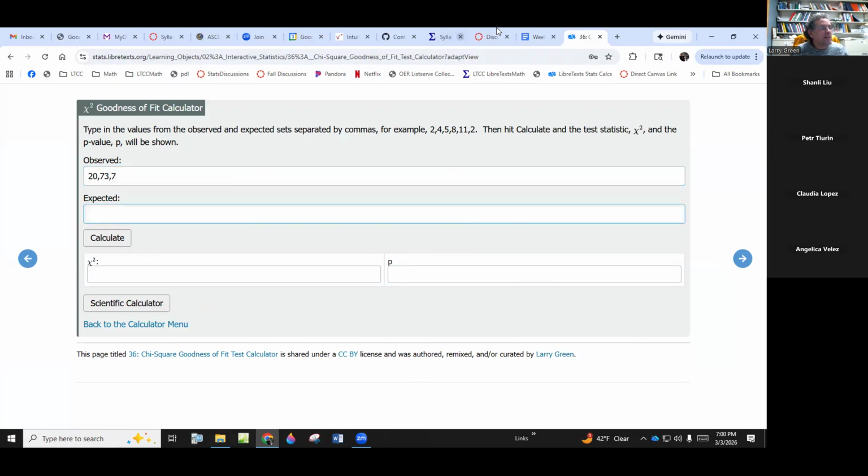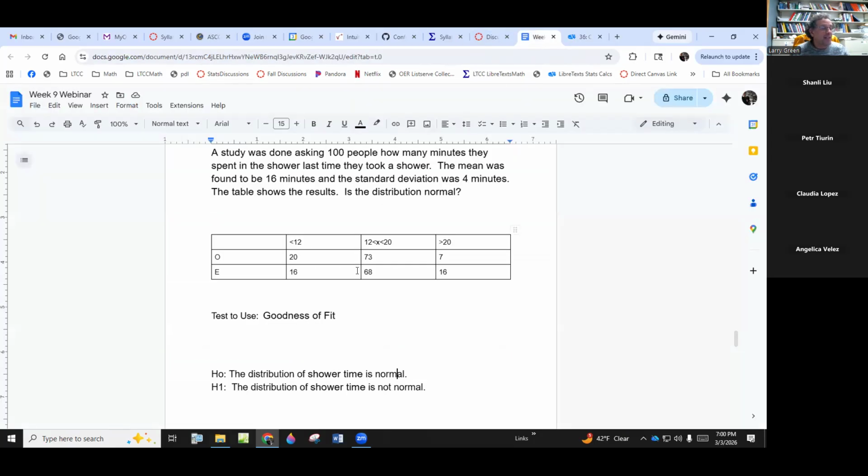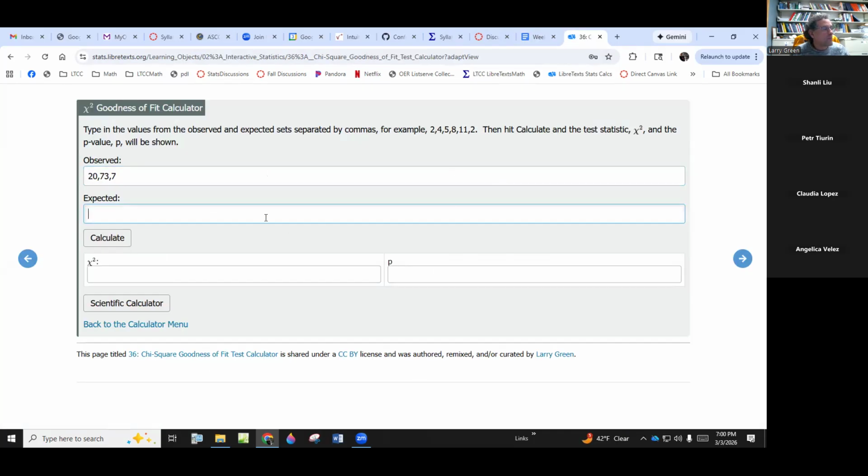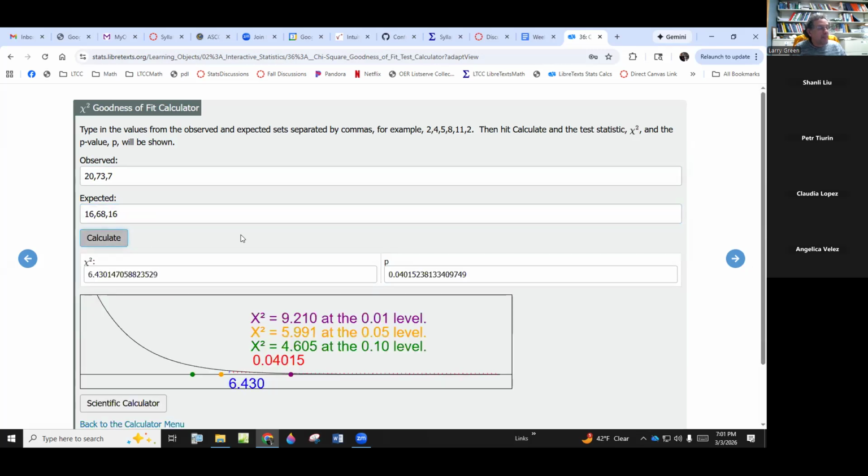The expected were 16, 68, and 16. And I hit calculate. And there we go. We have our chi-squared. Our test statistic is about 6.43. Our p-value is about 0.04.